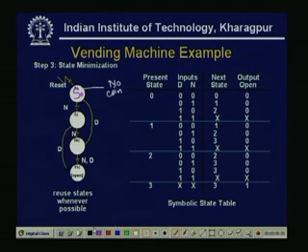Now, say 1 rupee has come. 1 rupee means it will go to S1.